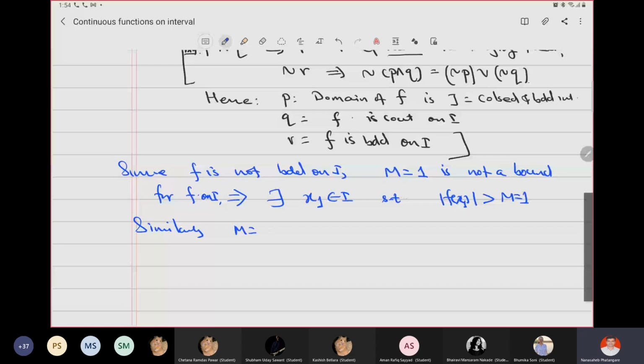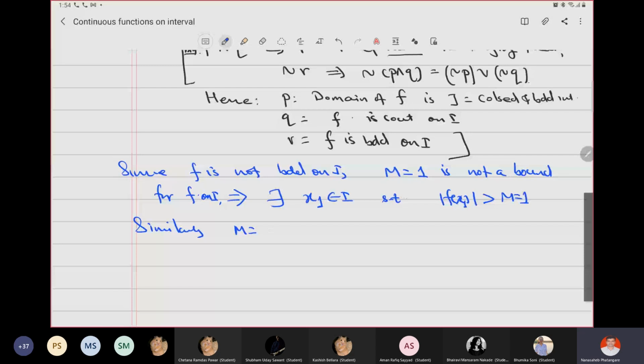So there exists x2 in the domain I such that the absolute value of f(x2) is greater than 2. Do you agree with my statement? Now I will extend this idea.